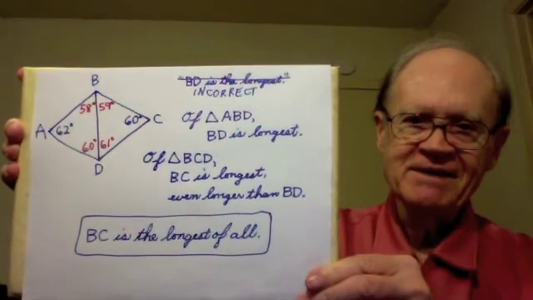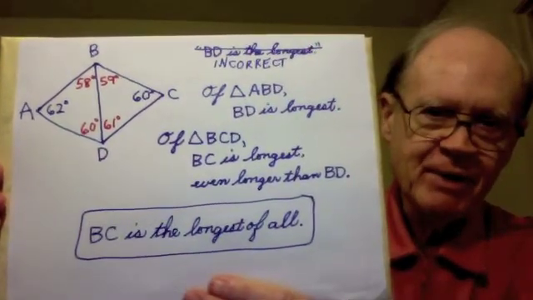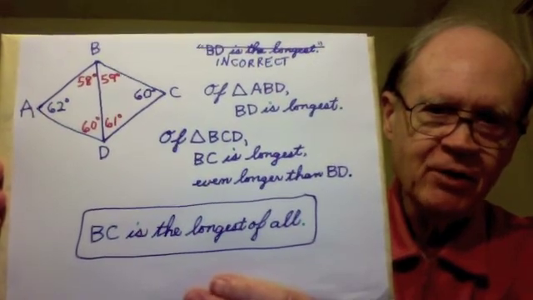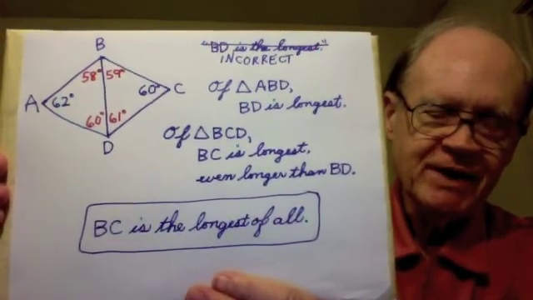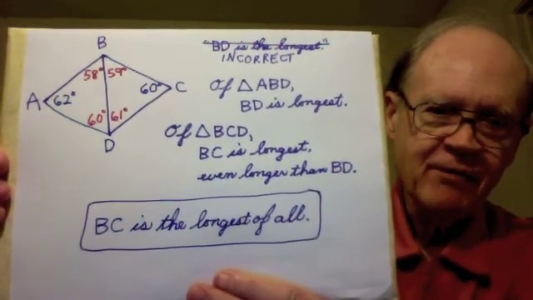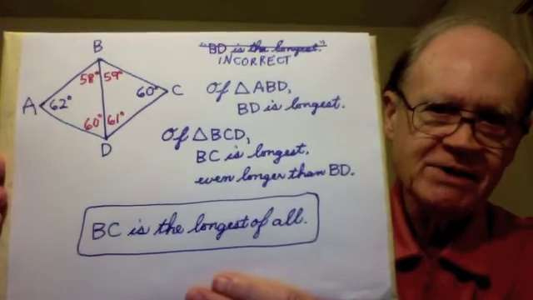I had a disagreement with one of the other geometry teachers many, many years ago. She had been teaching this, and she taught that on the basis of comparison of all 5 angles, BD is the longest.